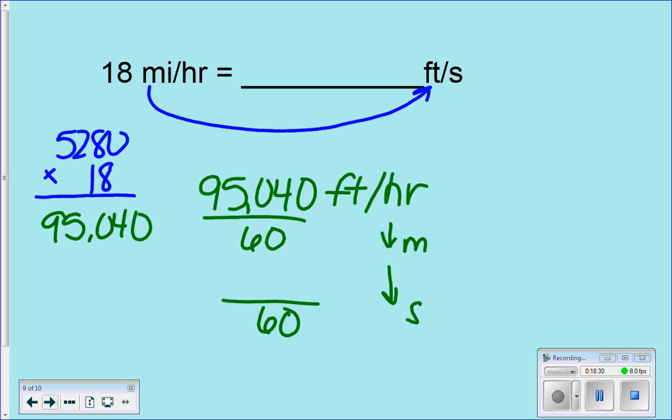Some people are saying, I don't get what you mean by 3,600. Well, if I multiply these two together, I could just divide by this whole number first and get my seconds. Actually, it comes out very nice.